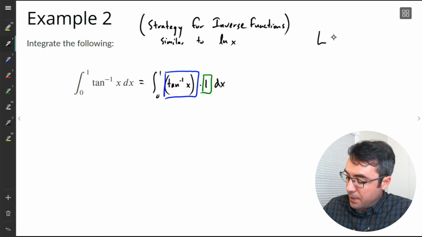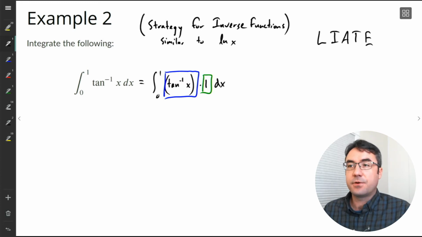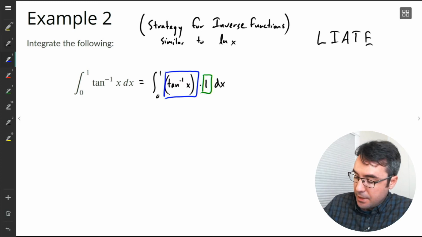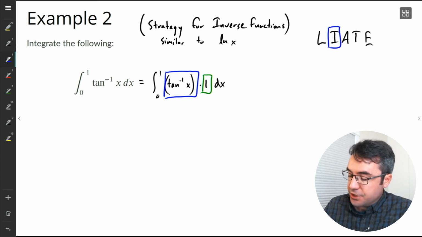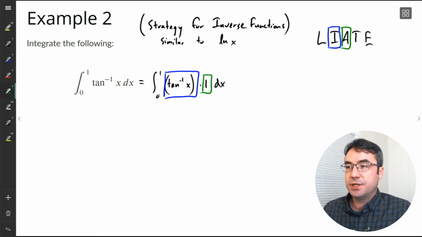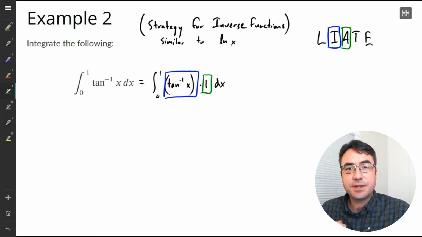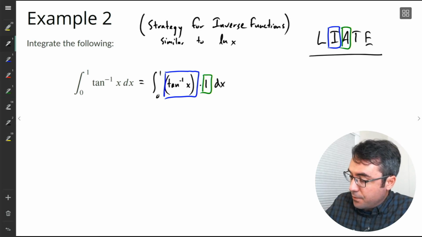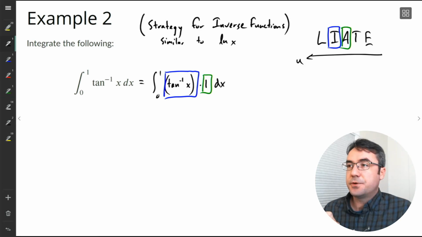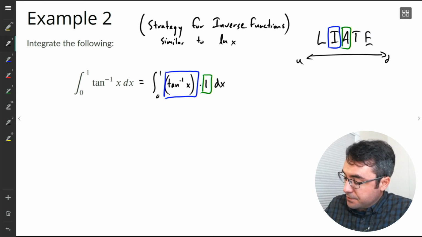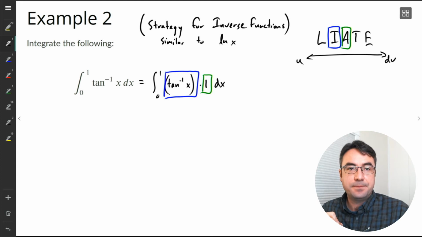And so if we go to our usual acronym here for how we choose u and how we choose dv, we have an inverse trig function as one of the parts, and we have an algebraic function as the other part. And if we remember, the ones further to the left here is what we pick for u, and the one further to the right is what we pick for dv.